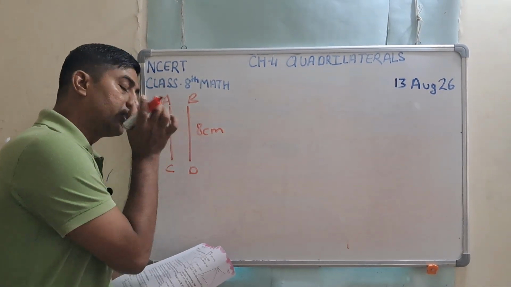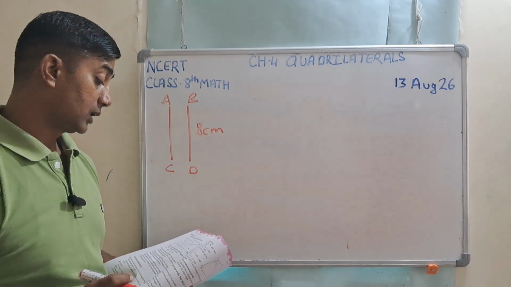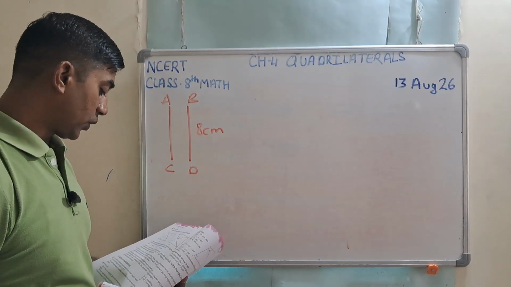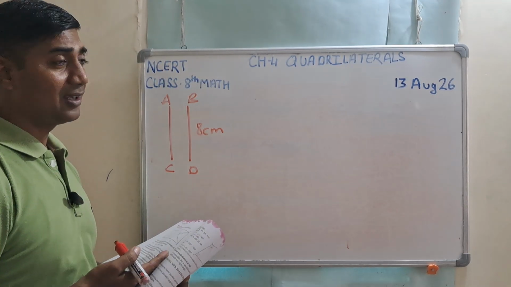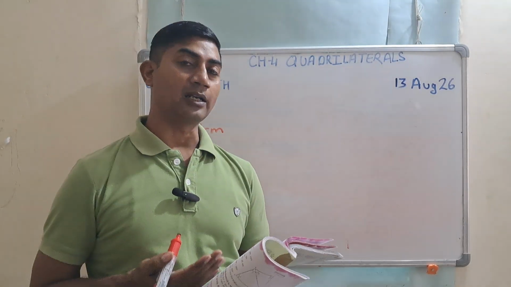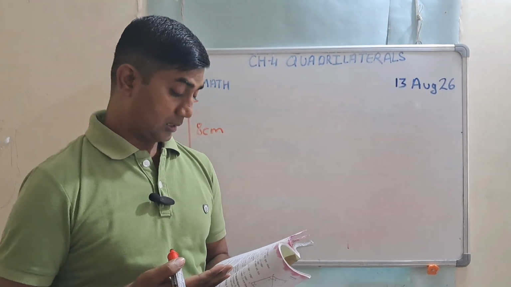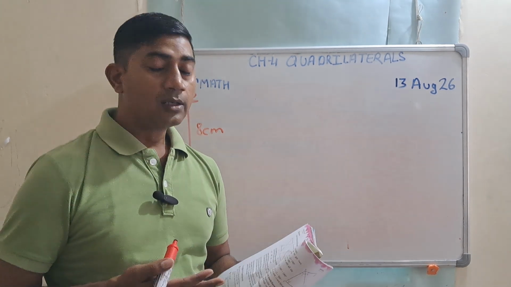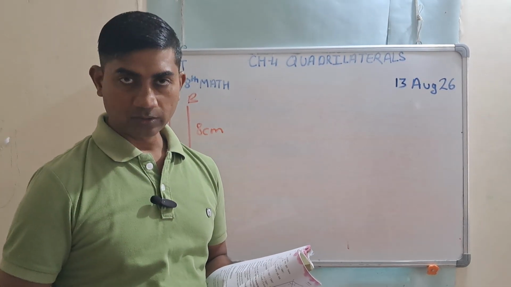These are the diagonals, and we have to draw a quadrilateral whose diagonals are these. Since they have asked us to draw a quadrilateral, and since the diagonals are equal, it is not compulsorily a rectangle. Understood?